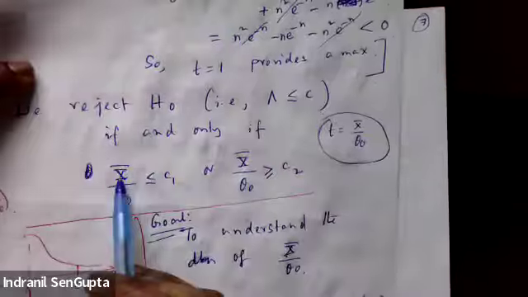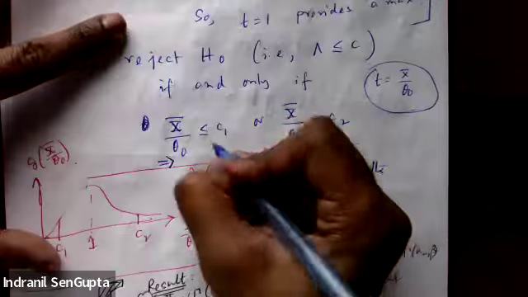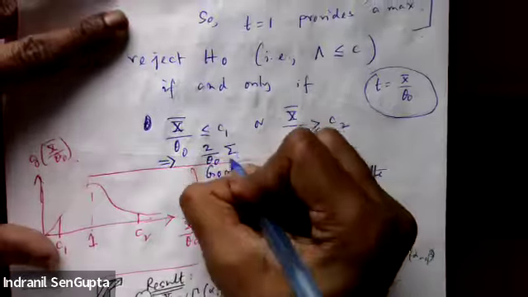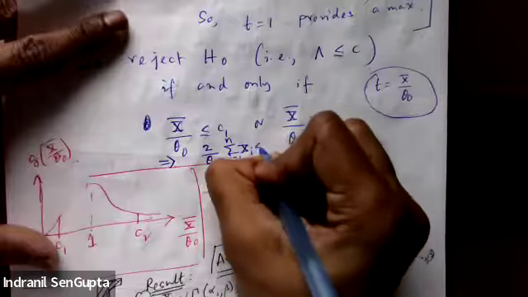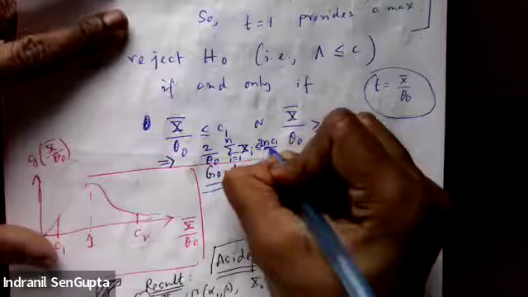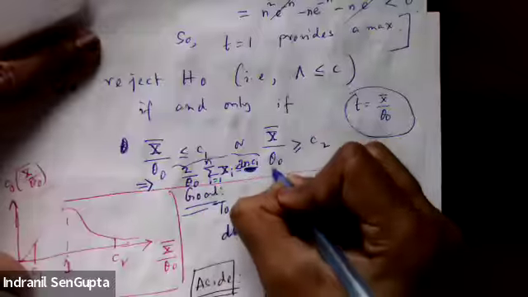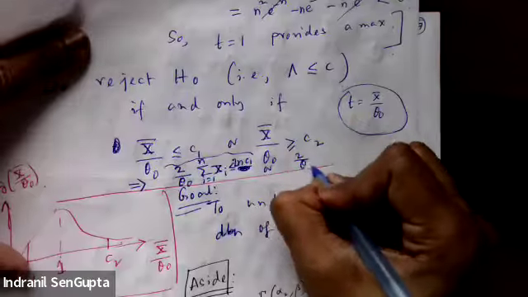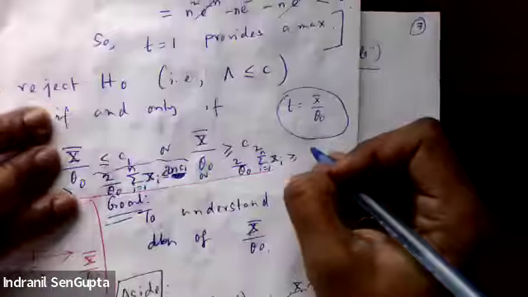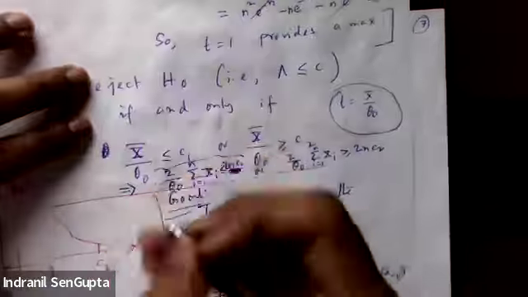Note that x bar is 1 over n times the sum, so if I multiply by n, it's really 2 over theta 0 summation of x_i less than 2nc1, or 2 over theta 0 summation of x_i bigger than 2nc2. So these are the two conditions.